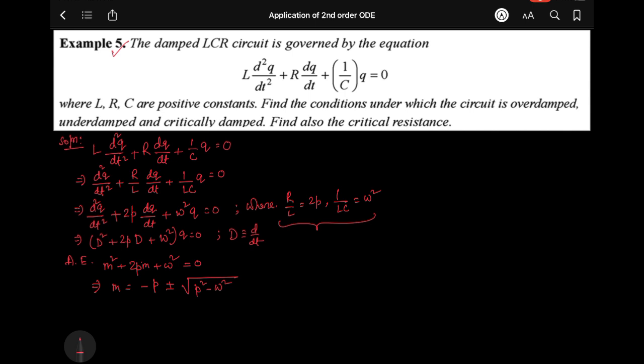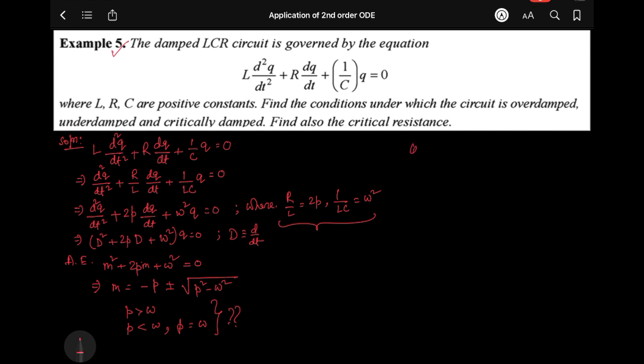This one you are going to get. Okay, now see, based on whether p is greater than omega, p is less than omega, or p is equal to omega, based on these three cases you have different scenarios.